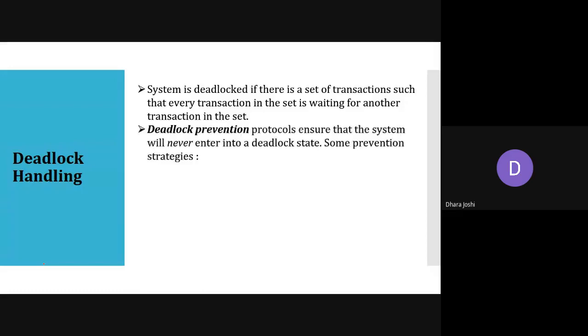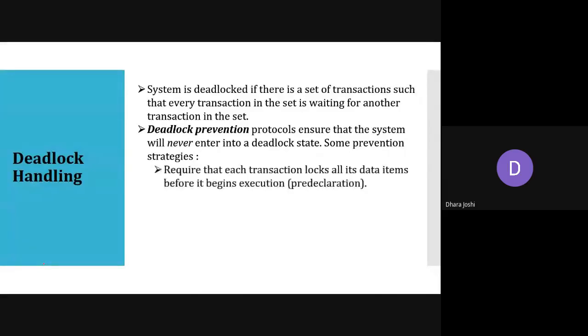Deadlock prevention. Now we have some schemes, some strategies, so that we can ensure this deadlock scenario will not happen in the system. A deadlock prevention protocol ensures that the system will never enter a deadlock state. The first prevention strategy requires that each transaction locks all its data items before it begins execution.